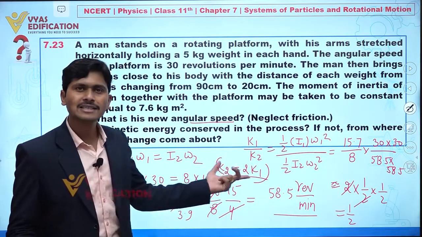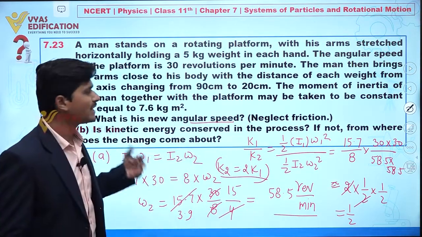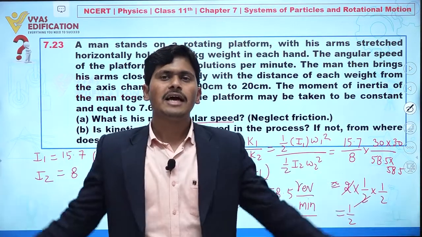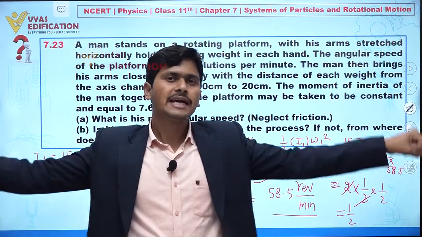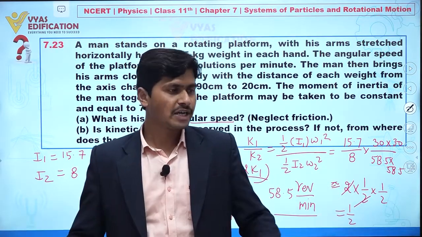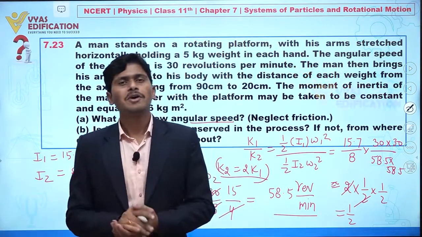And where does that energy come from? I already told you: when we are lowering the weights, the internal energy of our body is converted into the kinetic energy of the platform. So this is all about this question.